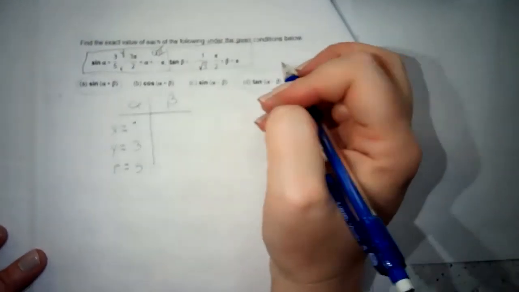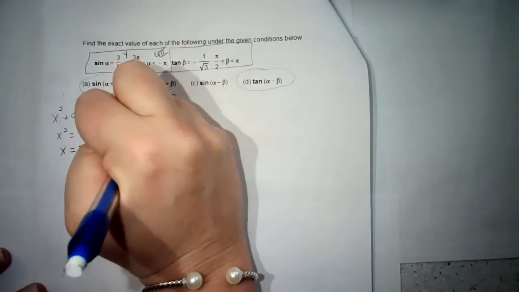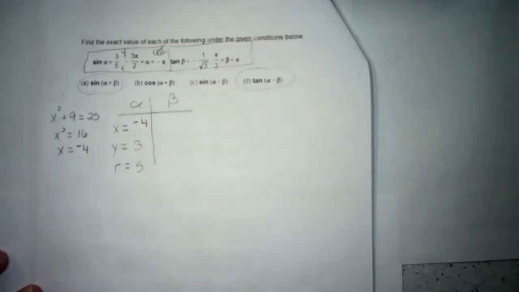Now for alpha: x squared plus 3 squared, that's 9, equals 5 squared, that's 25. 25 minus 9 is a nice 16. Square root of both sides is 4, but we are going to have a negative 4. There we go. We can make anything we want from alpha.